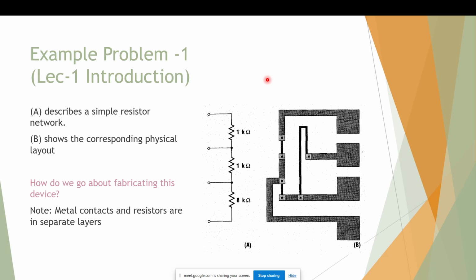Let's say we want to make a voltage divider circuit. In this figure, we see a simple resistor network. There are two 1 kilo ohm resistors and a different resistor of 8 kilo ohms, connected in such a way.